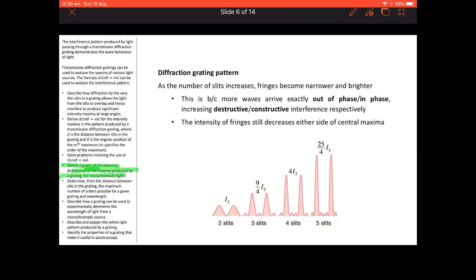So the width narrowing corresponds with destructive interference. The greater intensity of light corresponds with the increased constructive interference that occurs.